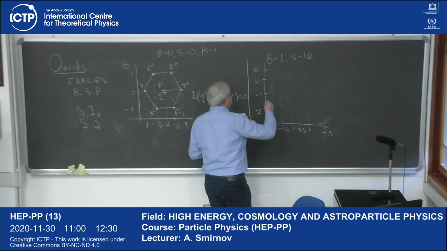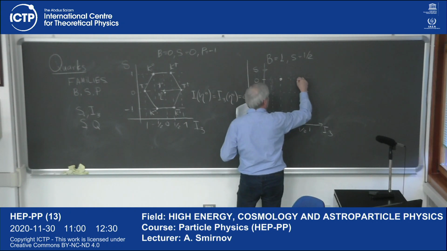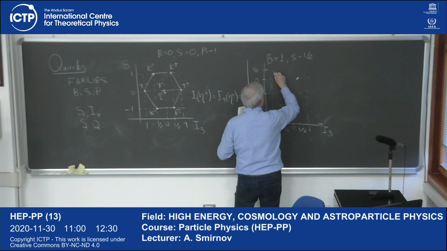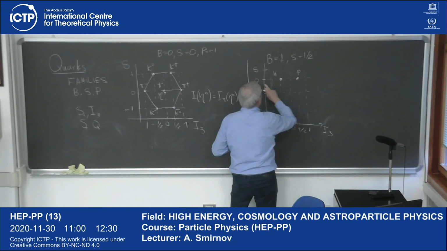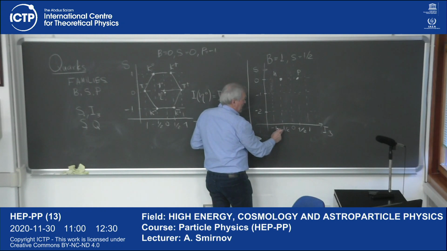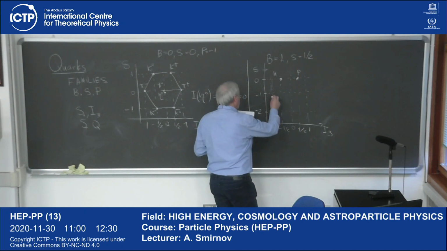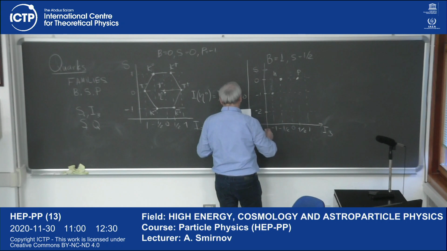Now what we have here: neutron and proton. Neutron and proton, they are sitting here. So they have 0 strangeness, and they form isospin doublet with the third projection 1/2 and minus 1/2. Then the triplet of sigma hyperons has been observed.